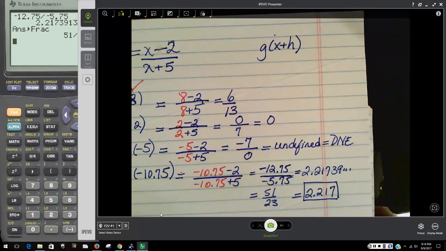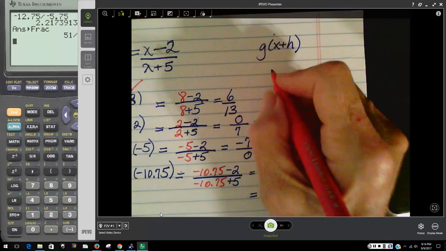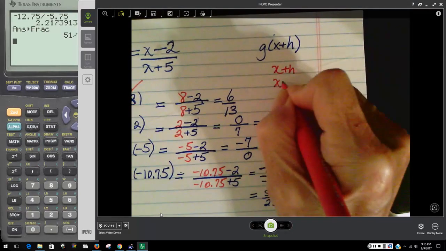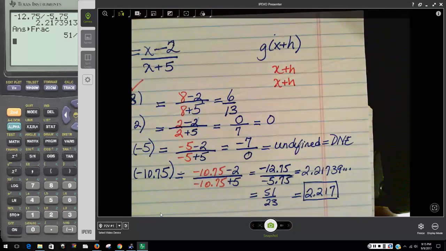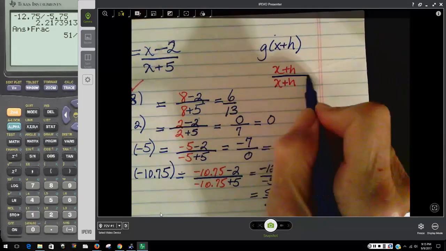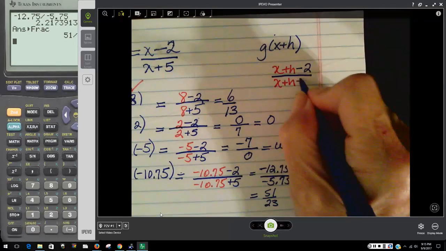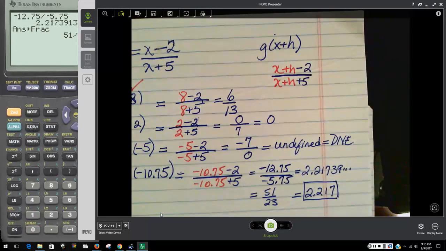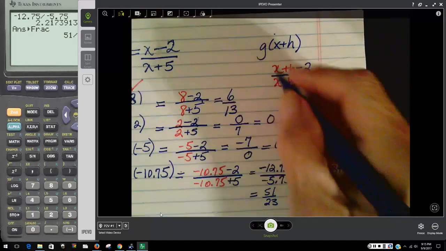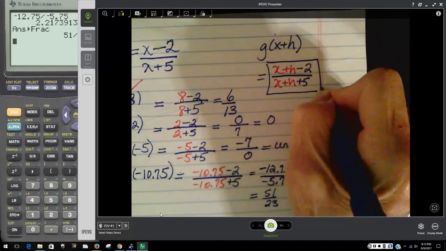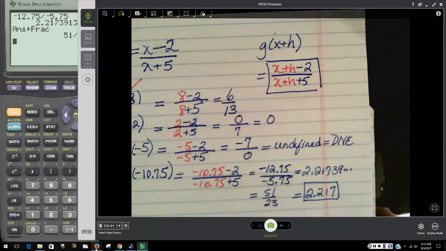G of x plus h. That means that we're going to replace x in both numerator and denominator with x plus h. And from the top we subtract 2, and from the bottom we add 5. And that's actually as simple as it goes. So we'll enter in that answer on MyMathLab, and then we will continue onward.